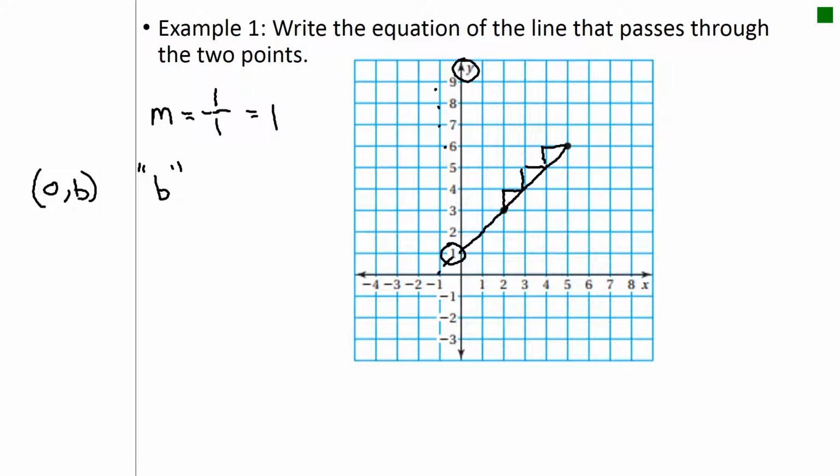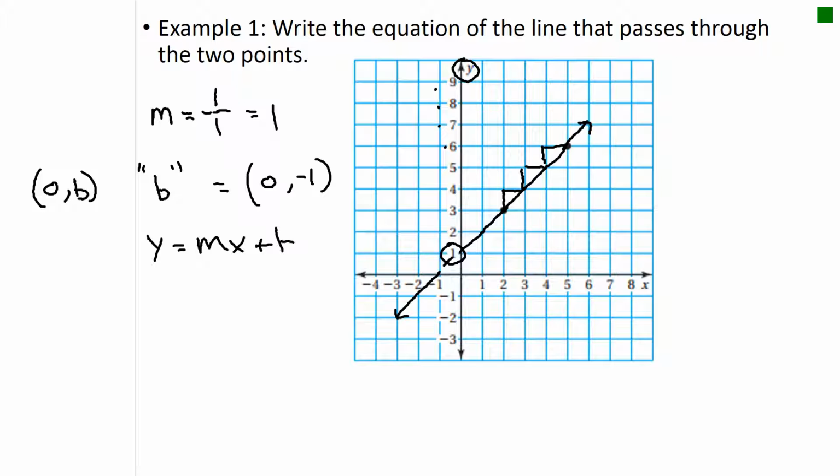Of course, this line continues on all the way through, but we're interested in this point right here. And so b looks like -1.